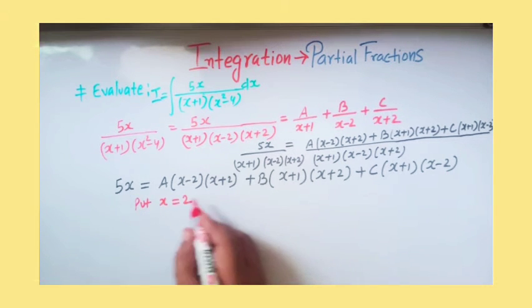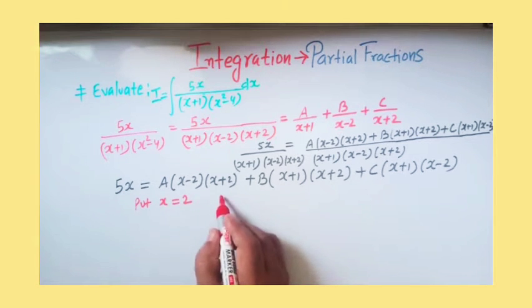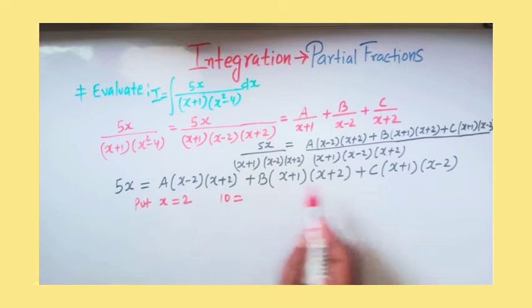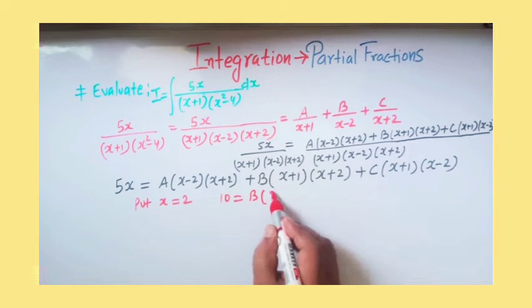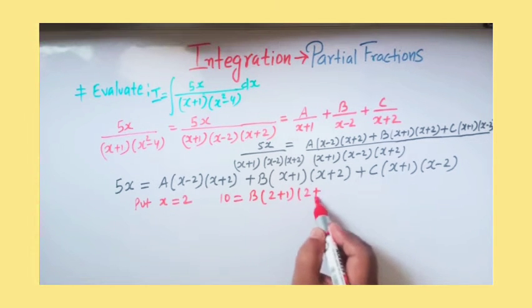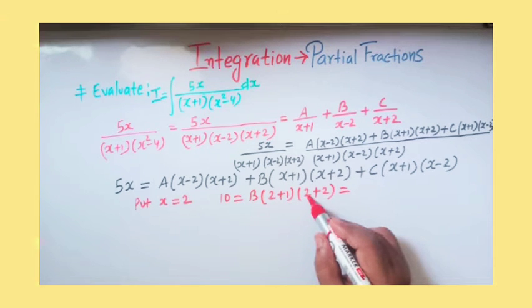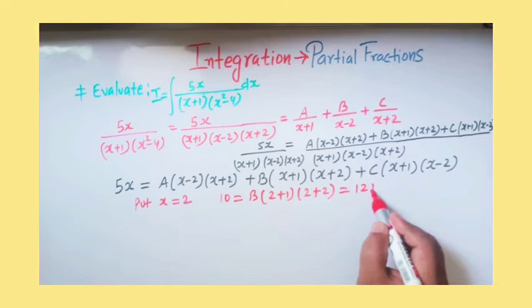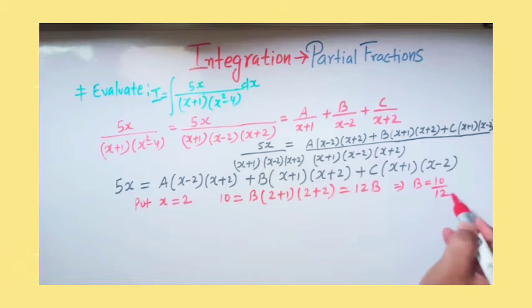Because here we substitute x equal to 2, we have 5 times 2, which is 10, and then we have this term 0, this term 0, so we have b times (2 plus 1)(2 plus 2), so we have 3 and 4, so this is 12b, right? So b is equal to 10 over 12, so this is 5 over 6.